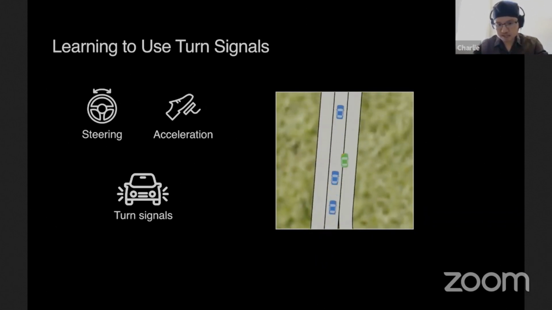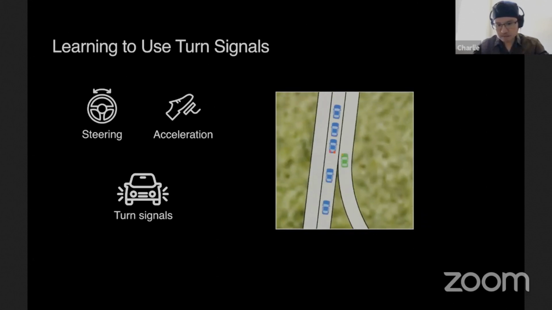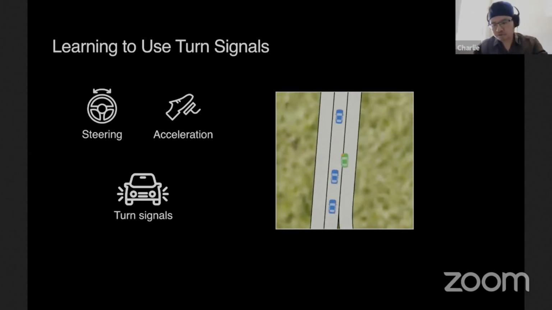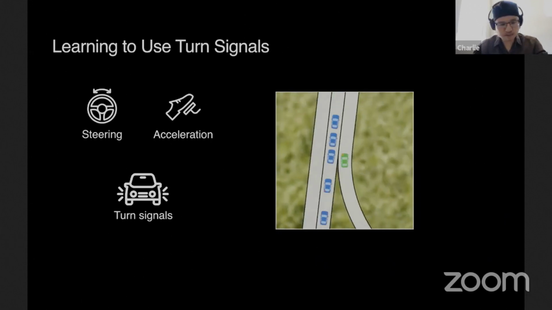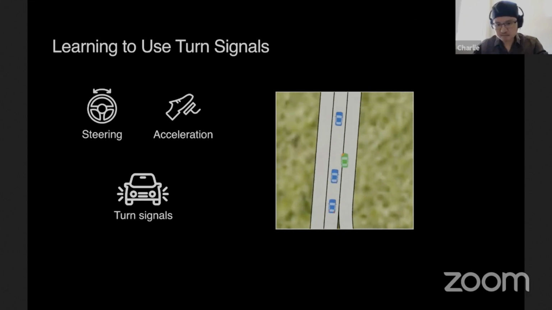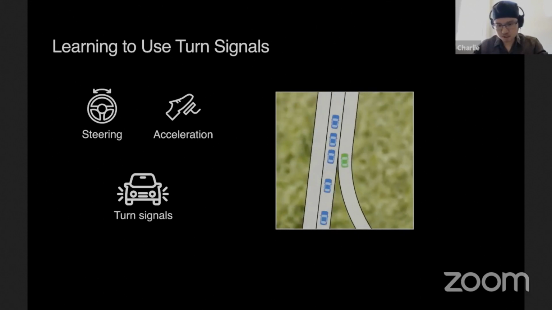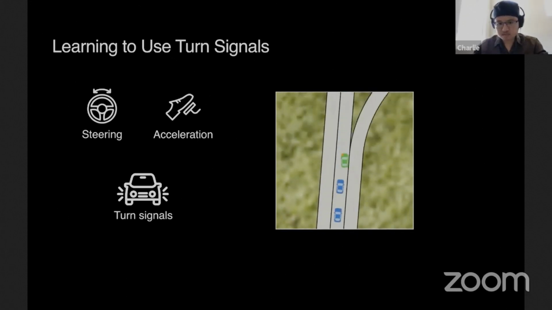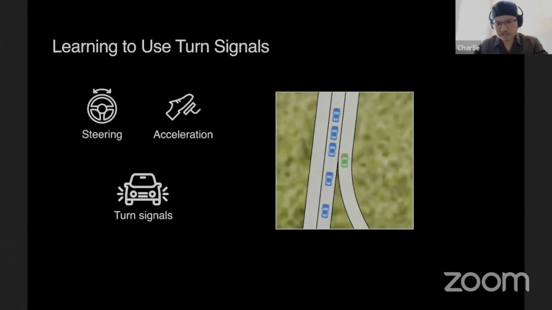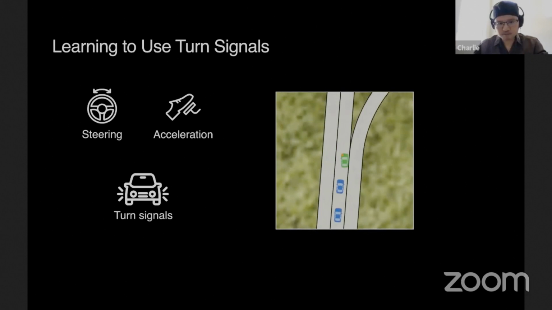But it has learned that if you use the turn signal, a gap will open up, and it's a good idea to do that. This is the power of deep RL: we didn't have to hand-code maneuvers or policies such as turning on the turn signal into the system. It automatically discovered that this is a useful thing to do.